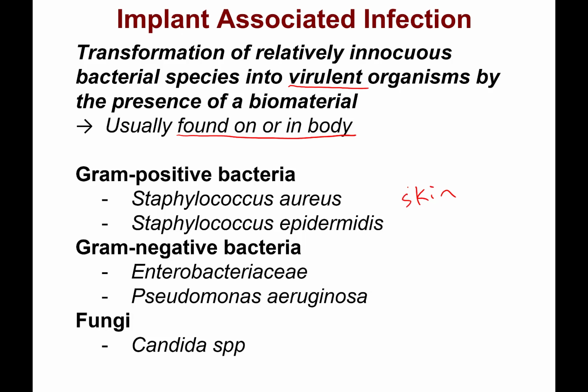Then gram-negative bacteria, which are Enterobacteriaceae, found in the gut or the enteric system. And then Pseudomonas aeruginosa, which can be found on our skin as well. We'll talk about some of the devices that can be affected by them as well. And then Candida is also found on our skin and mucosal surfaces.